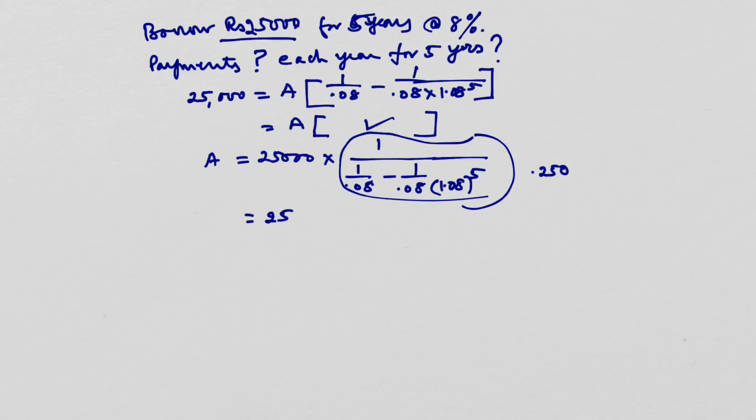So if you have 25,000 into 0.250, you determine your amount, which is approximately 6,260 or 61. This is your annuity. So each year for 5 years, you will have to pay 6,261 rupees in order to pay this amount in equal installments.